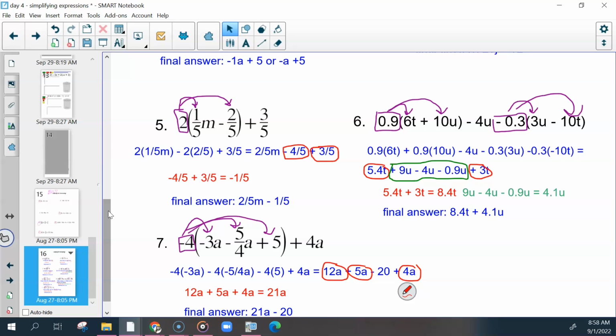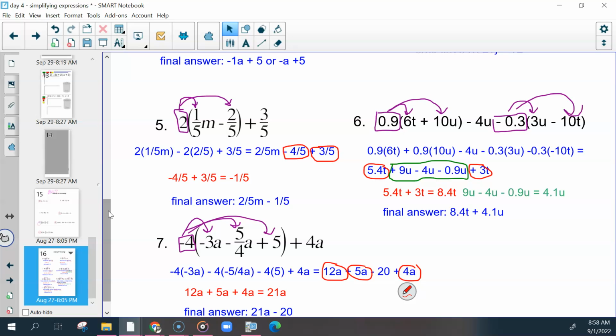This would become a negative 0.9u. This would become a positive, so a lot of issues I saw were we were bringing down a negative, which changed our answer. So a negative times a negative should be a positive 3t. Combine your t's together, combine your u's together, and your final answer was 8.4t plus 4.1u.